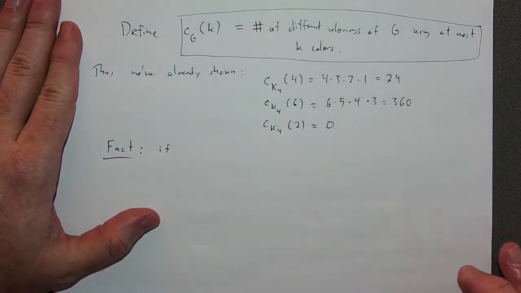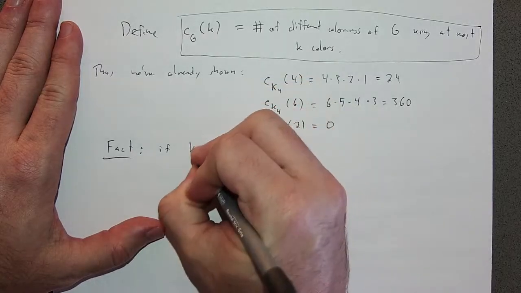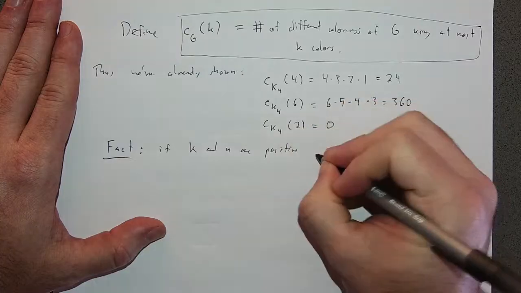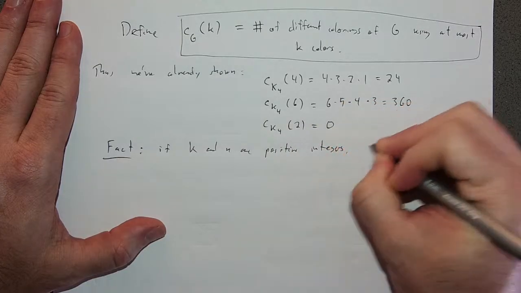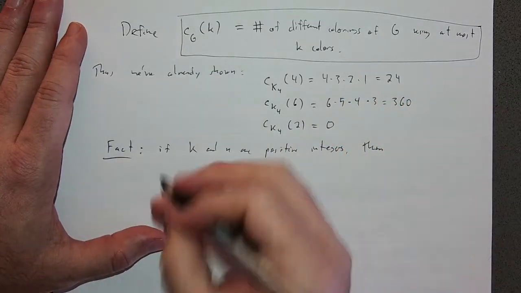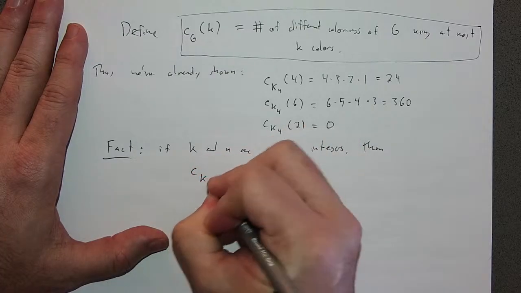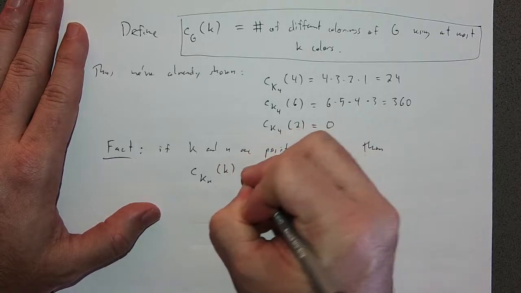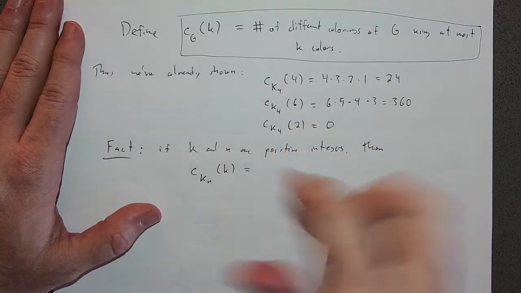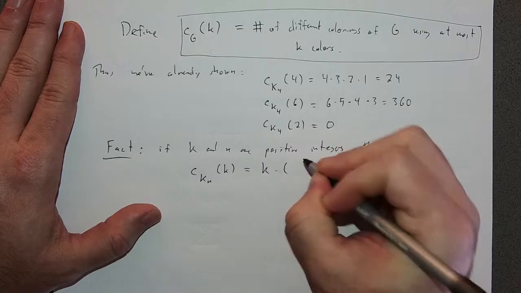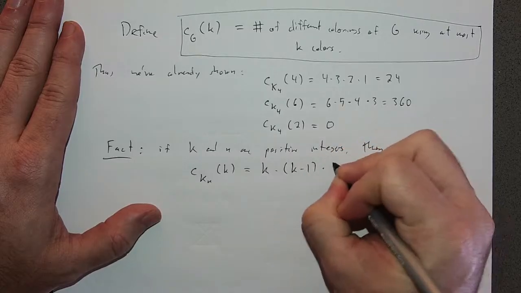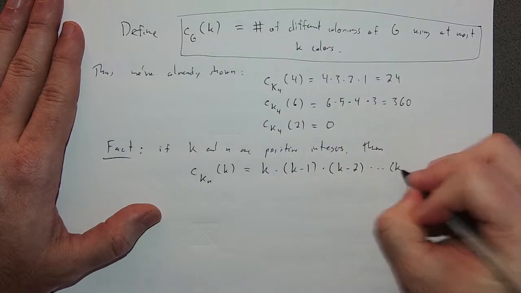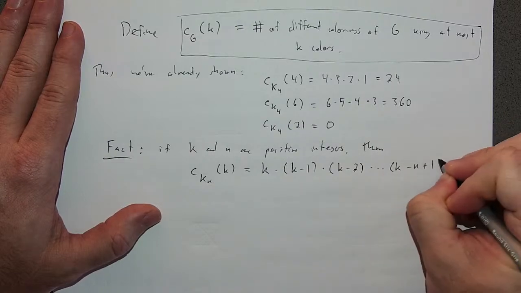So if K and N are positive integers, then C sub K sub N of K can be computed as K times K minus 1 times K minus 2, and so on, all the way to K minus N plus 1.